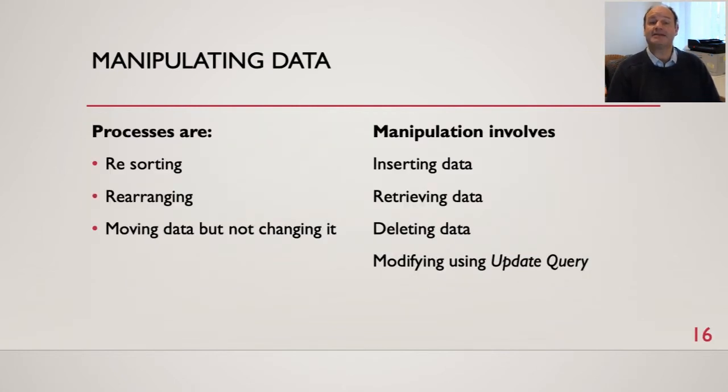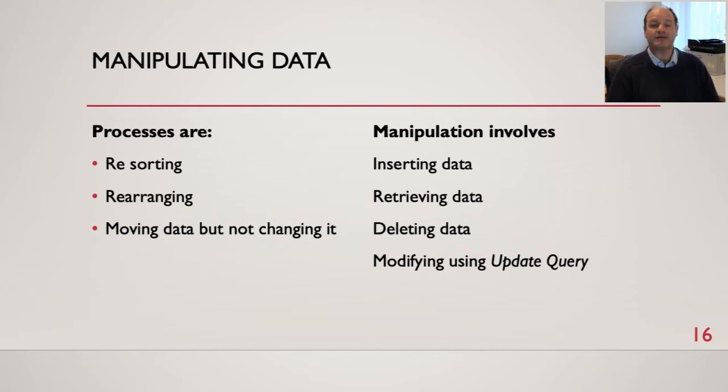Manipulating data is the process of resorting, such as sorting on a different field in either ascending or descending order. It can also be rearranging, which could be moving fields in a table or query to a different position within that table or query, or otherwise simply moving data without fundamentally changing it.